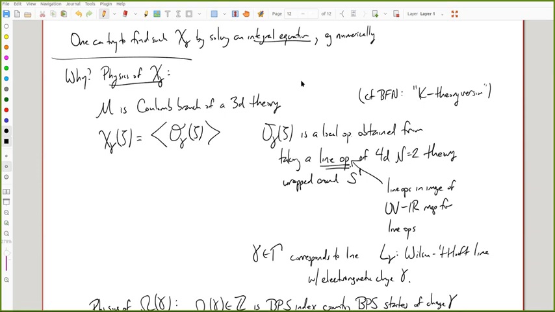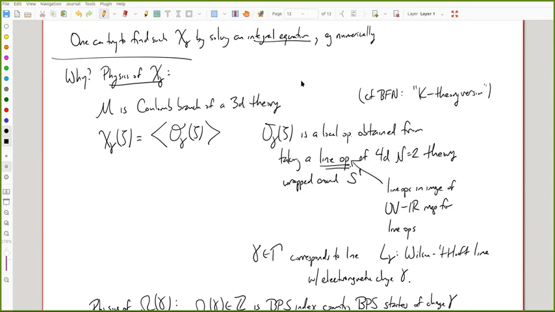I could have meant a line operator which is defined in the original ultraviolet field theory. That theory has some space of line operators, which let me call the ultraviolet line operators. For example, for the Hitchin system, for A1, those will correspond to isotopy classes of non-self-intersecting curves on the surface.